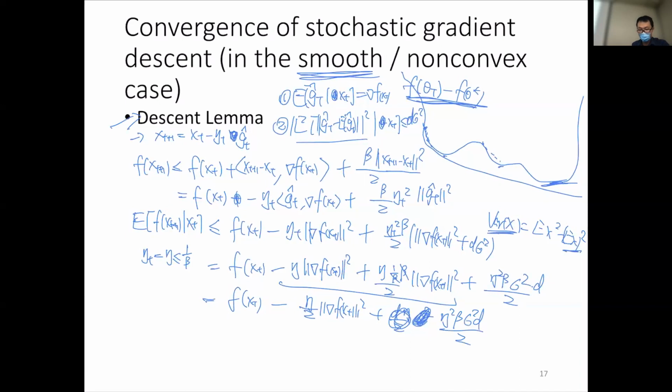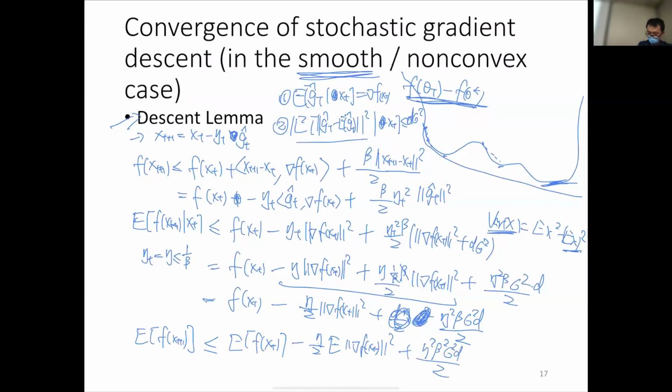So what we can do is now take the full expectation on both sides, and what we will get is the expected value of f of x_{t+1} is smaller than the expected value of f of x_t, minus half eta times the expected value of the gradient norm squared at x_t, plus eta square beta sigma square d over 2, right?